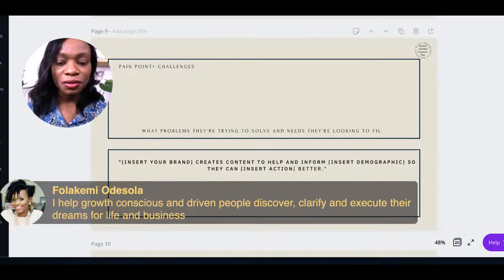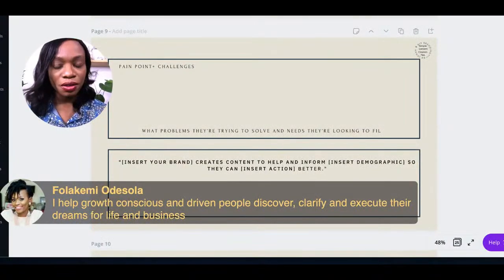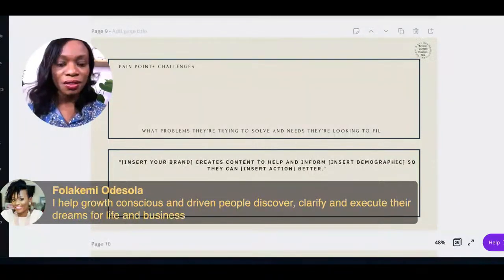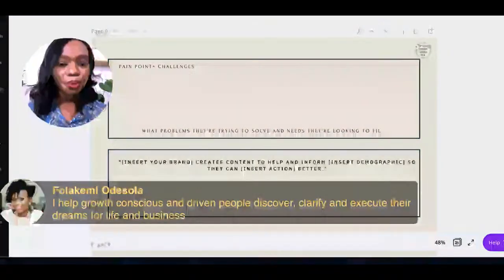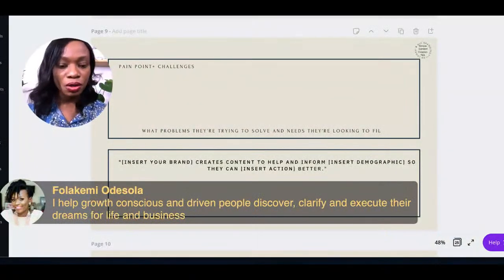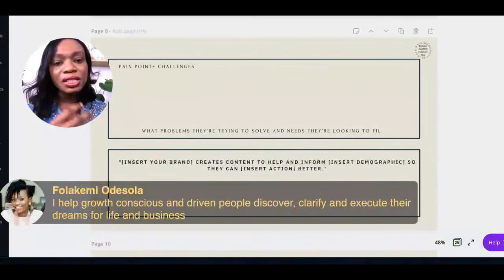So Folakemi creates content that would help growth conscious. Will they search for growth conscious? If they're searching for you, if they're searching for themselves or something that could help them, will they search for growth conscious?